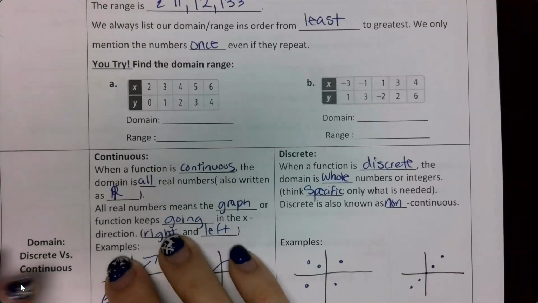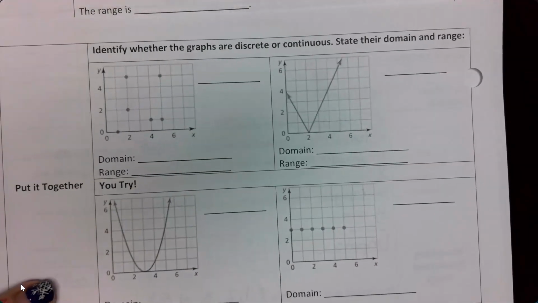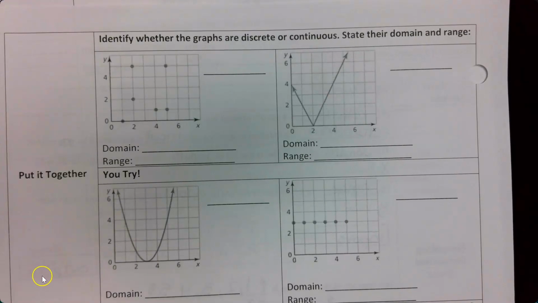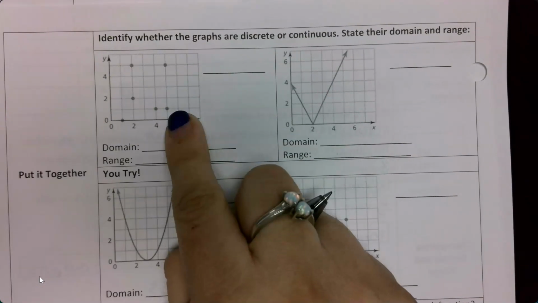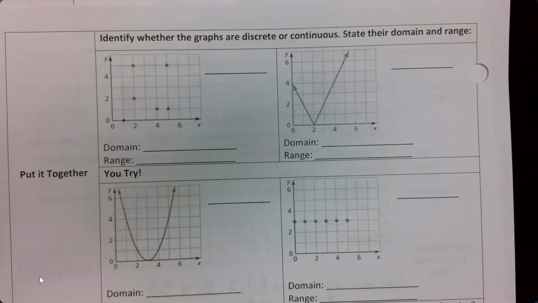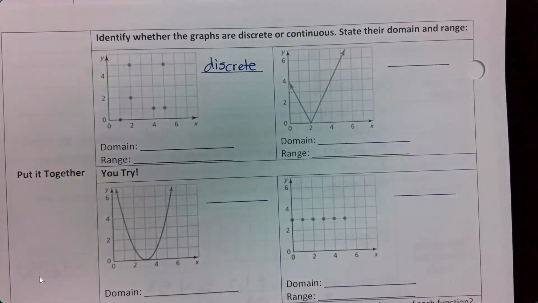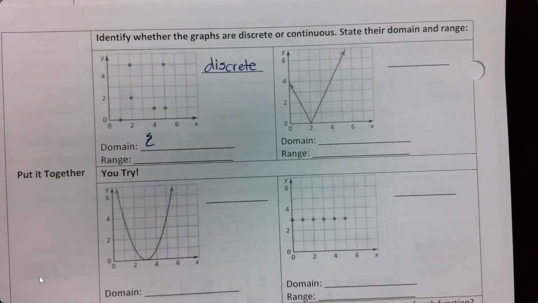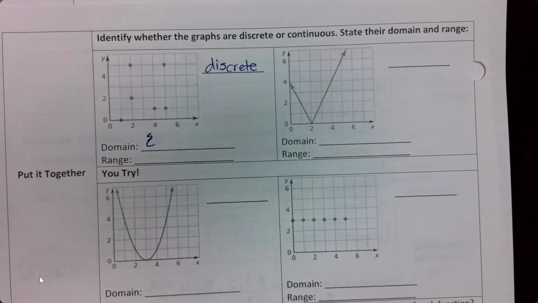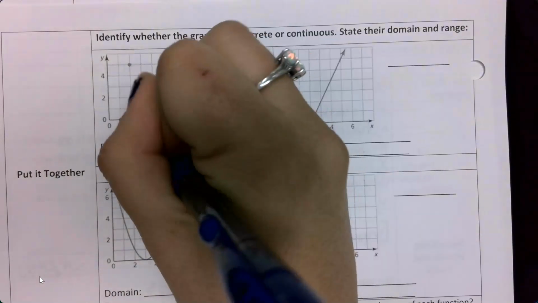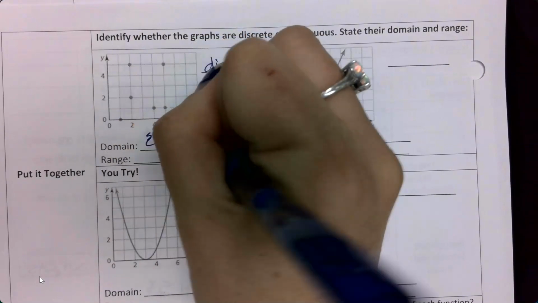So my next example, I need to decide if the graphs are discrete or continuous, and then state their domain or range. So, this one, discrete or continuous? Okay. And then, so this one I'm going to write my domain just like we were doing on our first few examples. So I have my first curly bracket. What are my x values here? 1, 2, 4, and 5.